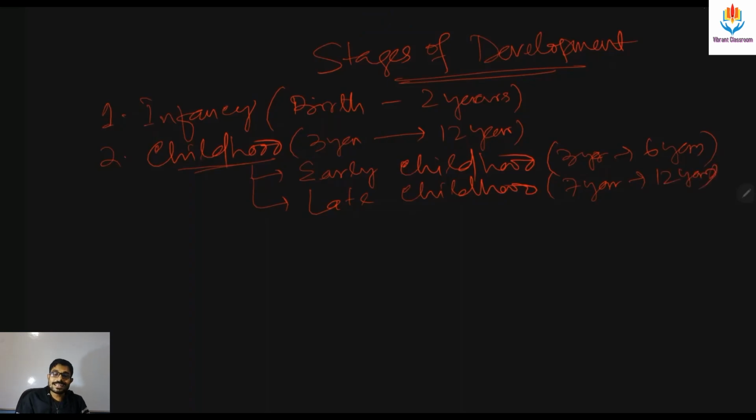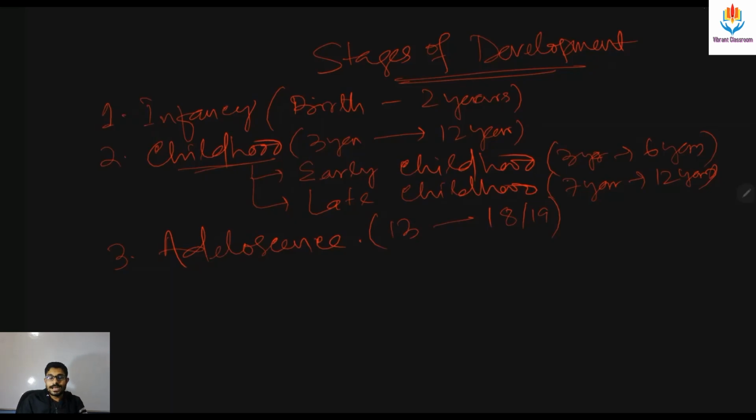Then the third stage of our life is adolescence, which starts from age 13 and ends at age 18 or 19.